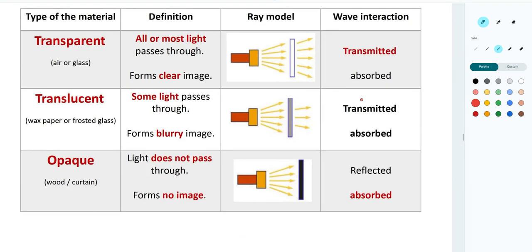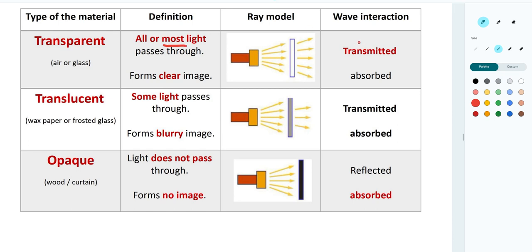So here's a breakdown of what's happening with all three materials. We have transparent materials, such as air and glass, where all or most light passes through and forms a clear image. In this case, it's always going to be most light, because a small amount of light will be absorbed, and some light gets reflected as well.